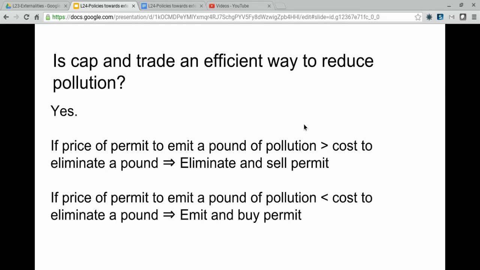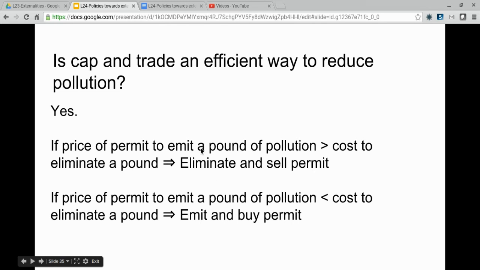Cap and trade is an efficient way to reduce pollution. The ability to trade permits creates incentives for firms to reduce pollution where the cost is lowest. Very simply, if the price of a permit to emit a pound of pollution is greater than the cost to eliminate a pound, the firm will eliminate the pollution and sell the permit. If the price of a permit to emit a pound of pollution is less than the cost to eliminate a pound, the firm will choose to emit and will buy the permit.